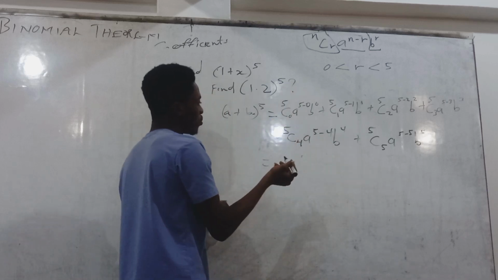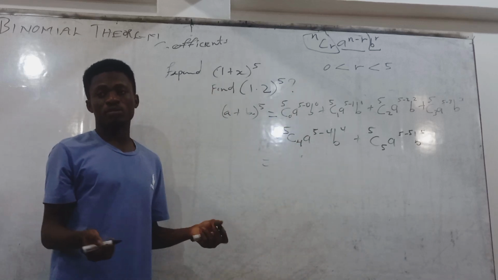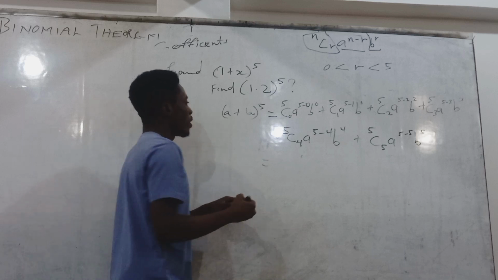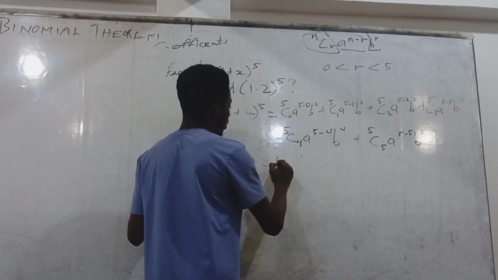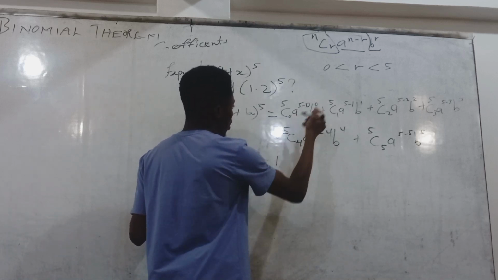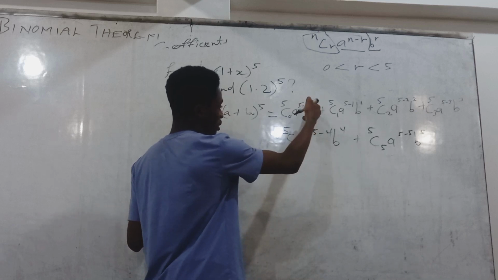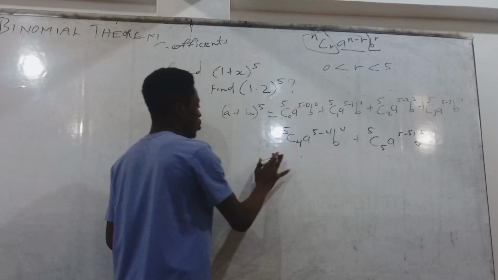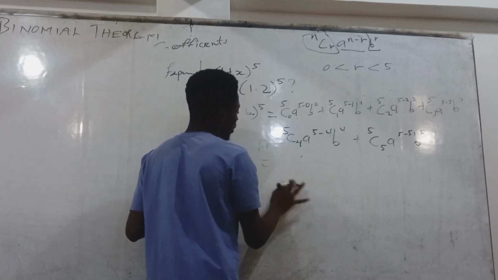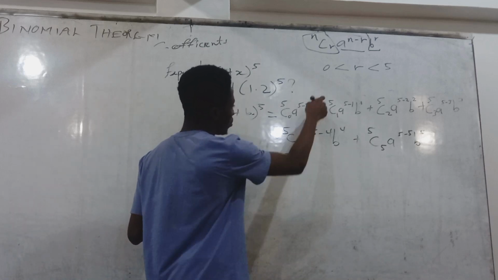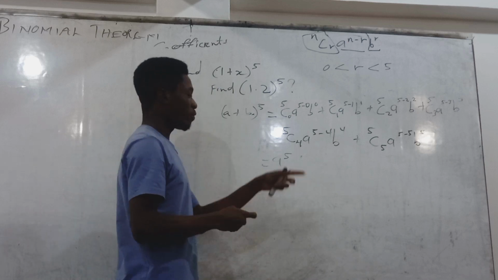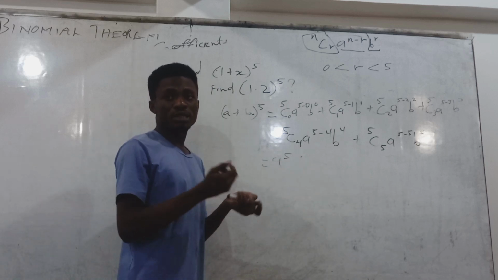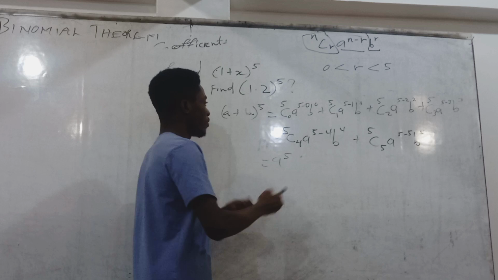So now you start. 5 combination 0 is 1. a to the power 5 minus 0 is definitely 5, so a will be to the power 5. b to the power 0 is 1, so the first term is a to the power 5.